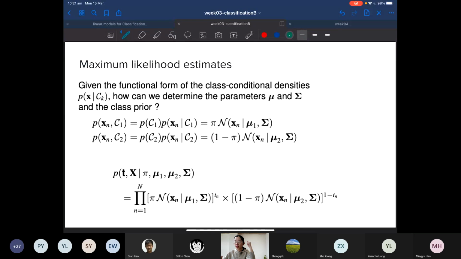So what we have done is the model specification, and then we looked at what discriminant function and posterior probability we can get. Now there's a gap we want to fill.